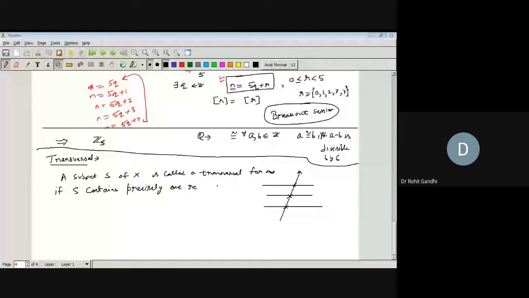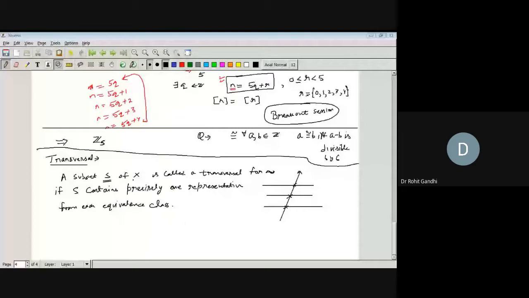Representative means one element. Precisely one representative from each equivalence class. So I will say that the subset S, that is known as our transversal, right? It is a subset of X, right?